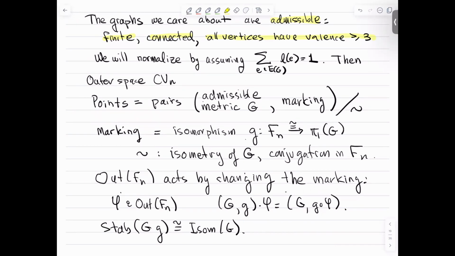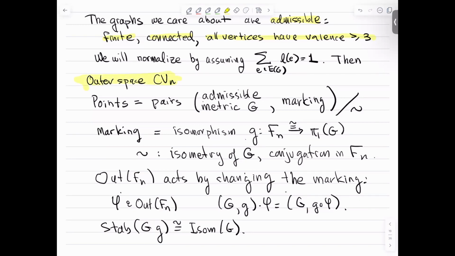It doesn't change the metric on the graph at all. So maybe we'll just leave them out. Right, so those are metric graphs, and how do I make a space? Well, I consider a space called outer space.